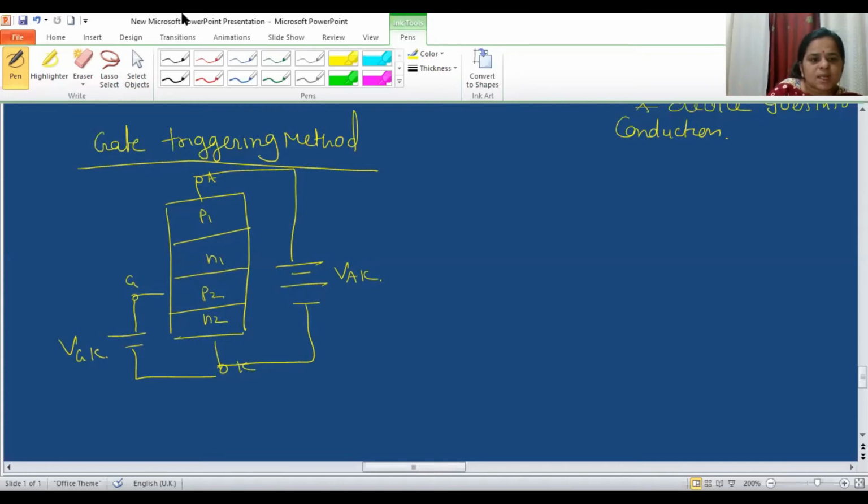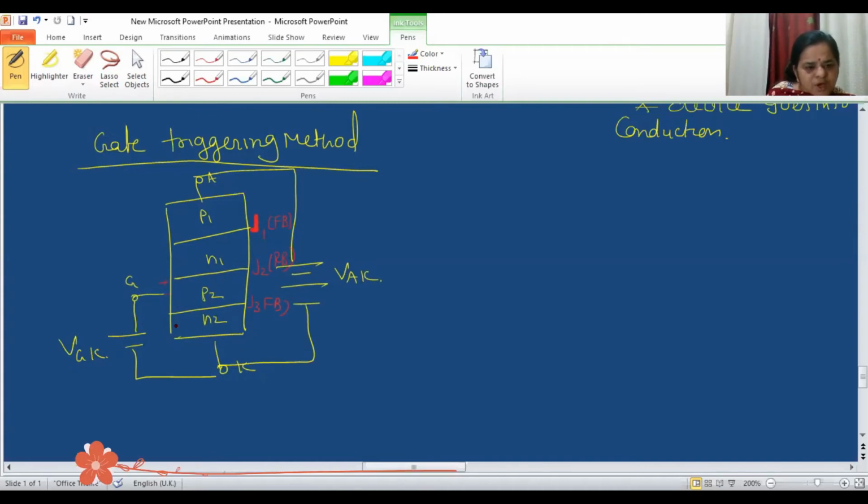Under this condition, due to the forward bias, J1 is forward biased, J3 is forward biased, and J2 is reverse biased. As we have connected VGK also, this is positive.